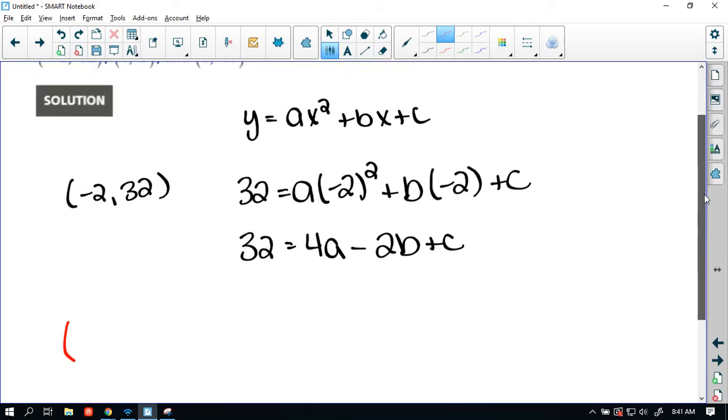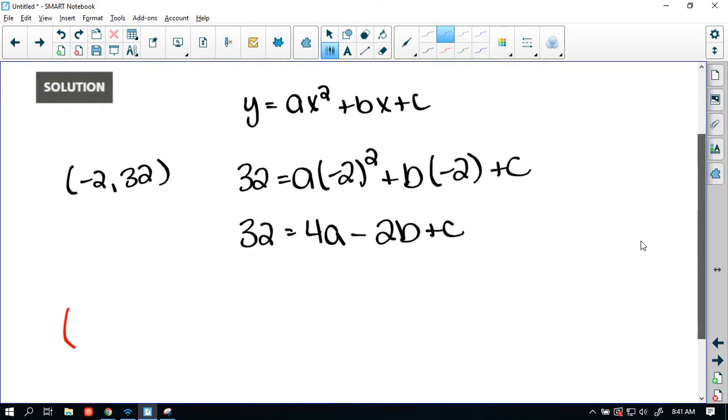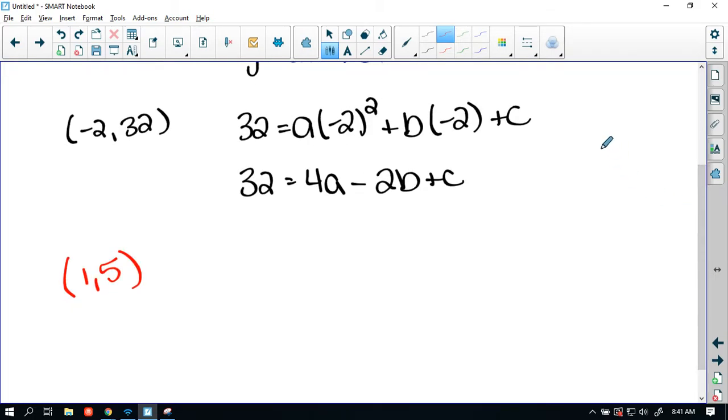So the second equation that I'm going to come up with, 1, 5, is going to be 1, 5. Because I have 3 variables, a, b, and c, to solve for, I'm going to have 3 different equations, and I'm going to have a 4x3, so 4 columns, 3 rows, to solve that in the matrix.